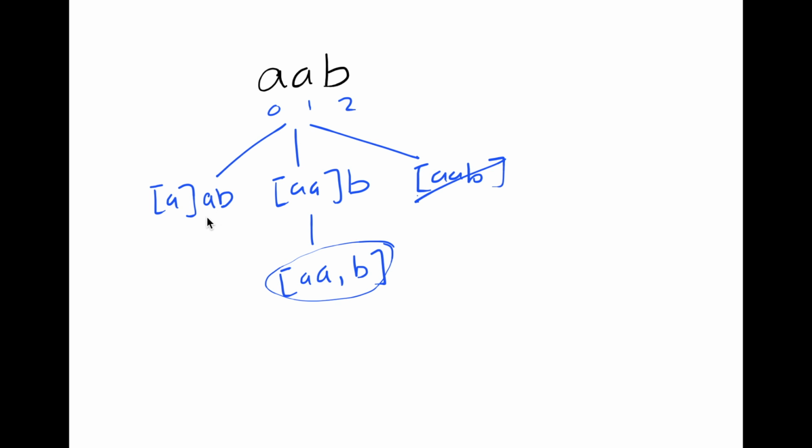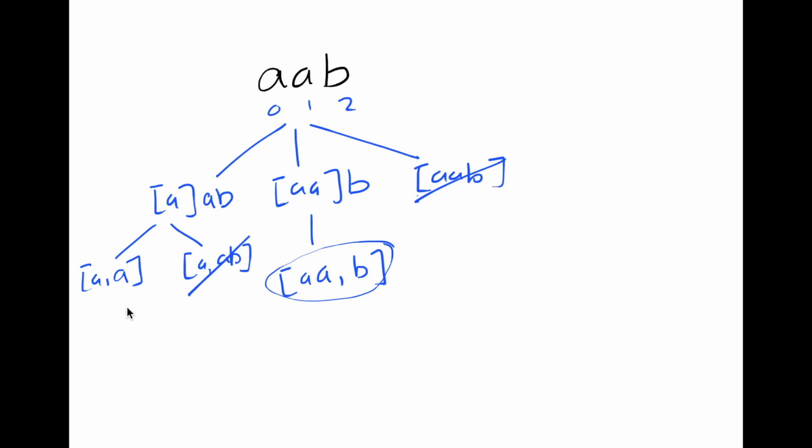Along this path, we have remaining a substring called AB. So we can consider 2 things. Let's add in the A that we had from previously. And then we can consider A and AB. And AB is not a palindrome, so this is not a valid solution.